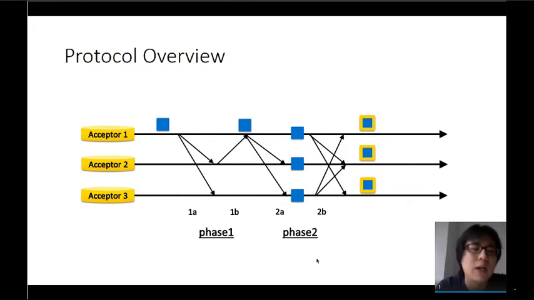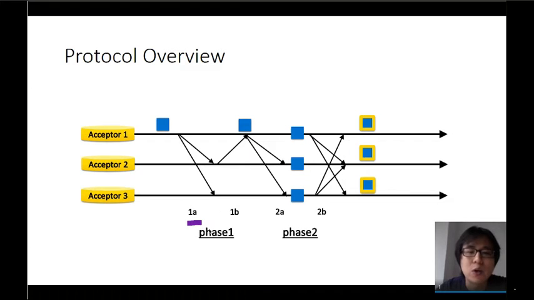At a high level, Paxos contains two phases. There are names for the two phases, but we will only use phase 1A, 1B, 2A, and 2B to represent them. In general, one acceptor, the proposing acceptor, should broadcast a 1A message to everybody.